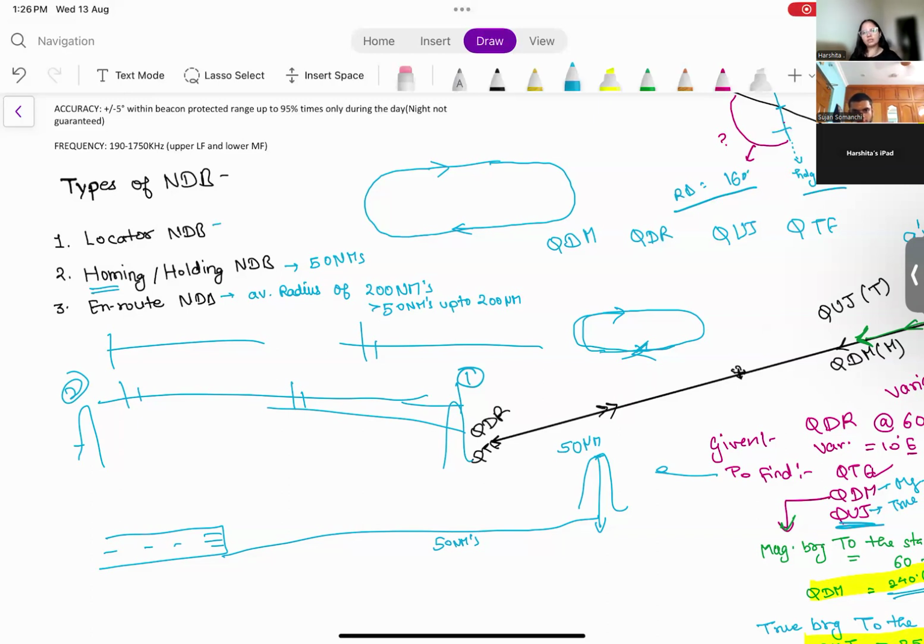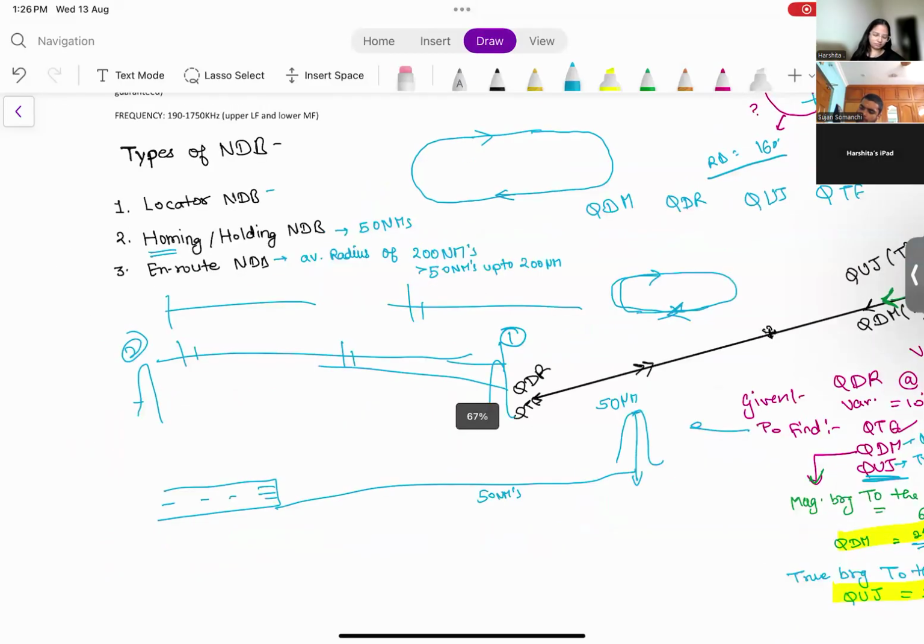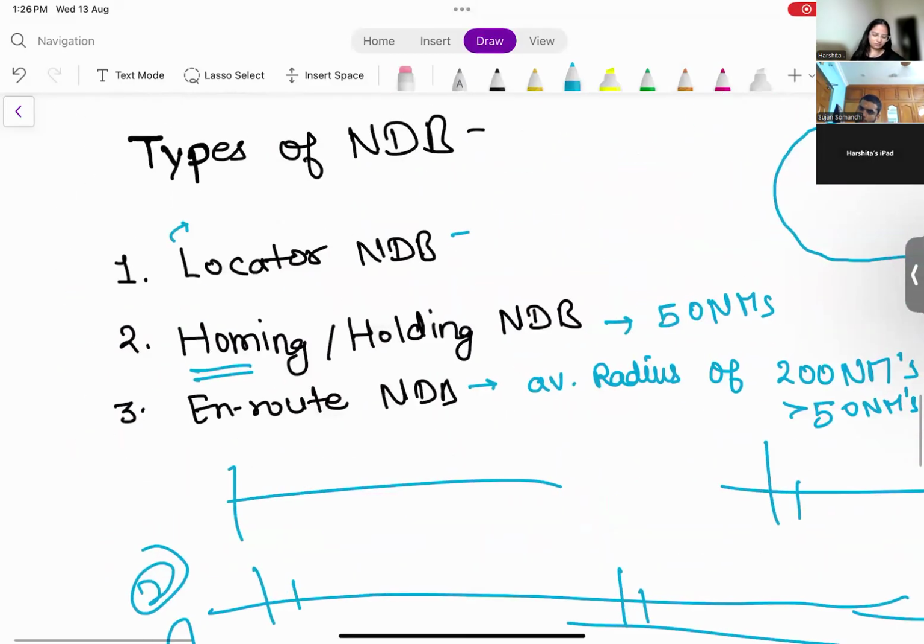Now coming to the first one, the locator NDB. The locator NDB is a low powered NDB. Low power, that means it can't be used for long ranges, correct? You can only use it for a short range because it has less energy, less power. So it is generally used for approaches and it cannot be used for landing, but it can be used for approaches.